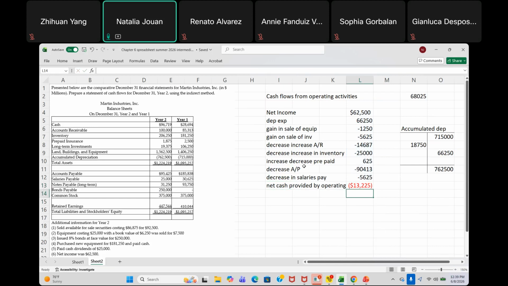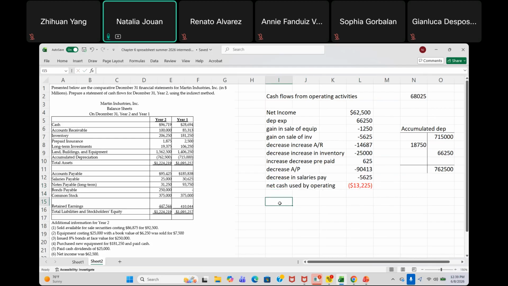Oh, this decrease in accounts payable is a killer. Look. Wow. Okay. Do it again. Sum of all these. Wow. Negative. Okay. So in this case, it's not provided. It's used. Okay. Used. That does not look good for the bank.